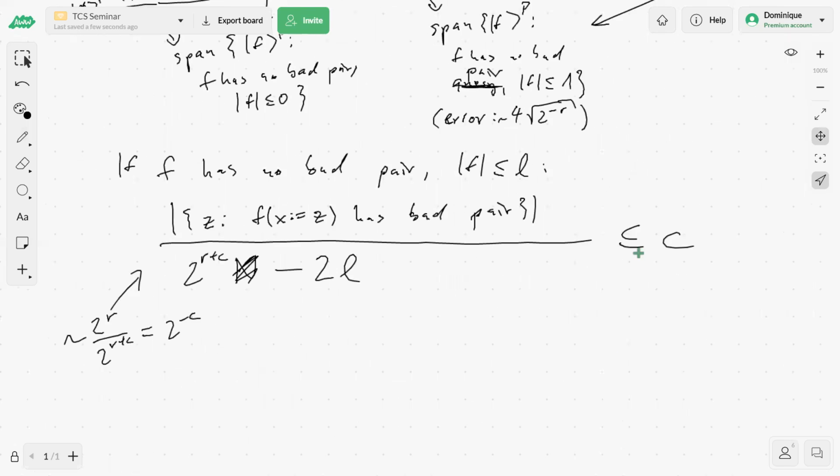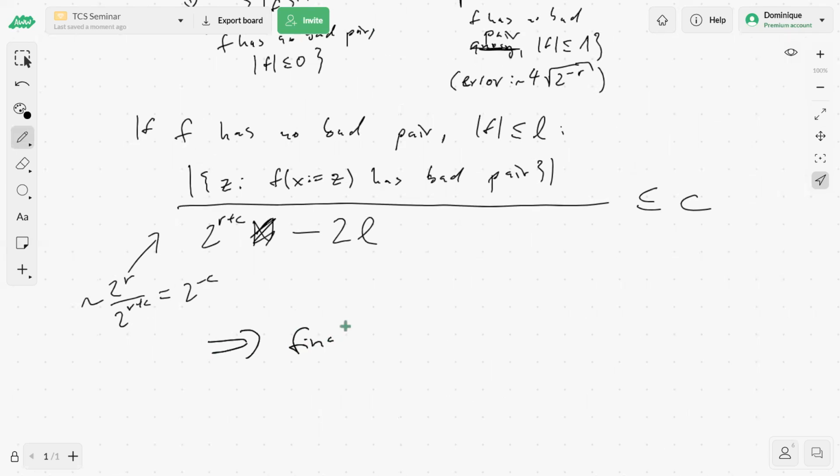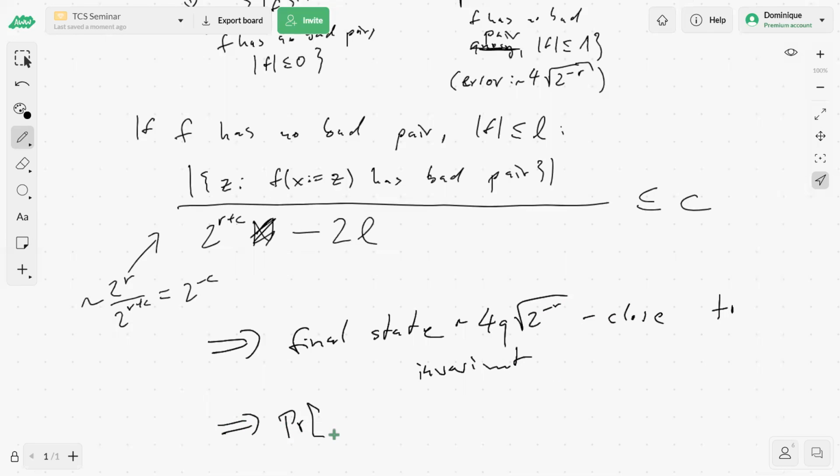So taking all this together, we get that the final state is roughly 4q square root of 2 to the minus r close to the invariant, and therefore the probability that we find a bad pair is bounded by the square, so q squared divided by 2 to the r.